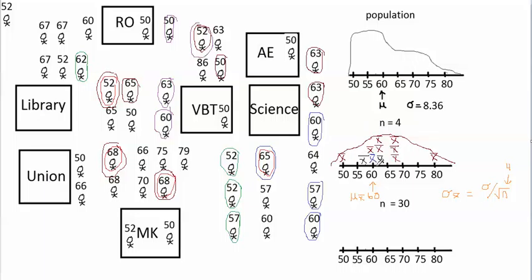If the standard error is high, that means that the possible samples are really spread out from each other. There's some sample means that are really low down here, and there's some sample means that are really high up here.